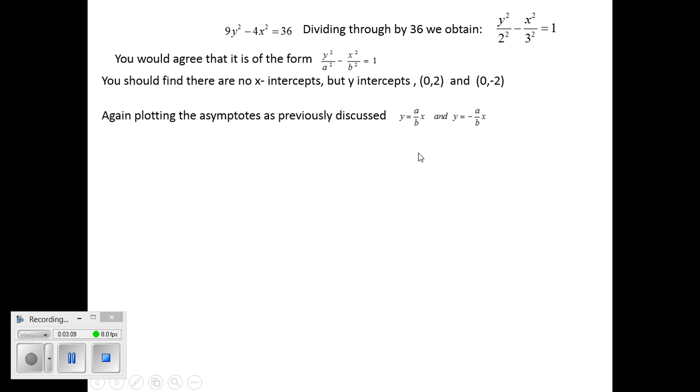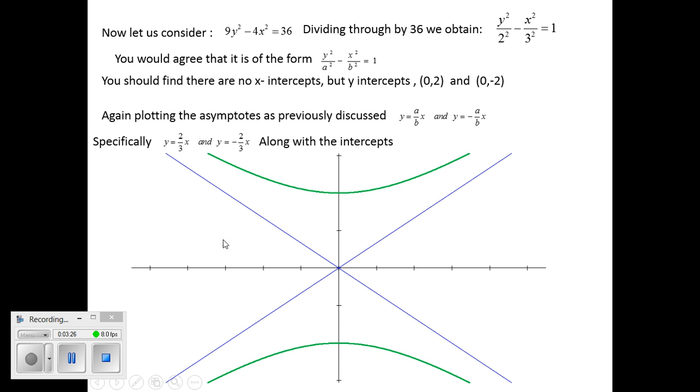It also allows me to find the asymptote lines, in this case a over b x and negative a over b x, namely 2/3 x and -2/3 x. Of course, we could also find our vertices on the y-axis at 2 and -2.